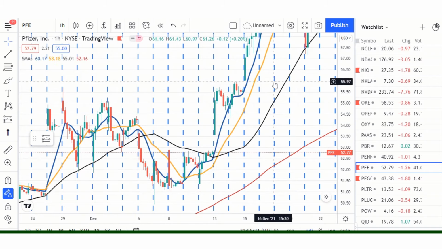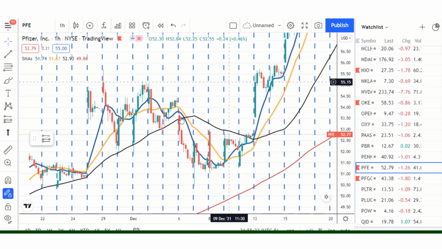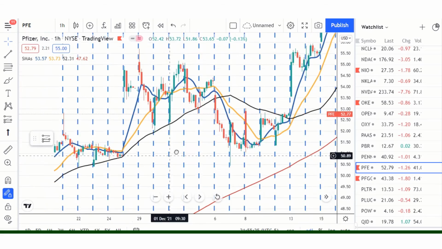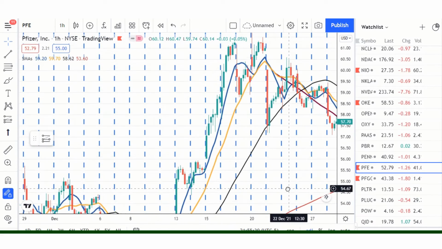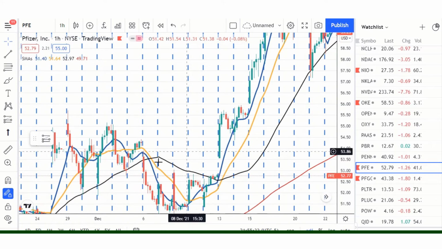Now, if you notice, if you go back a little to December, beginning of December, you see the same thing, only you see it in reverse.